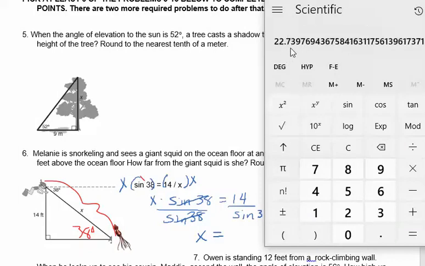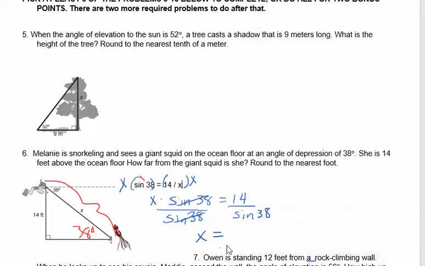And I get 22.74. It says round to the nearest foot, so that's about 23 feet. That answer makes sense because the hypotenuse is the longest side, and this side was 14, so it has to be longer than that. So that seems to make sense.